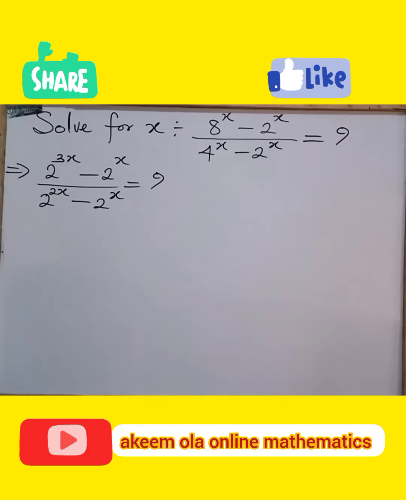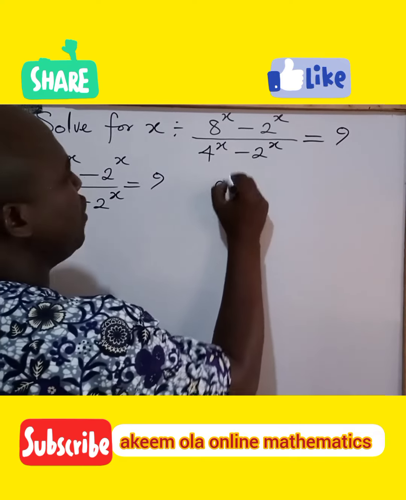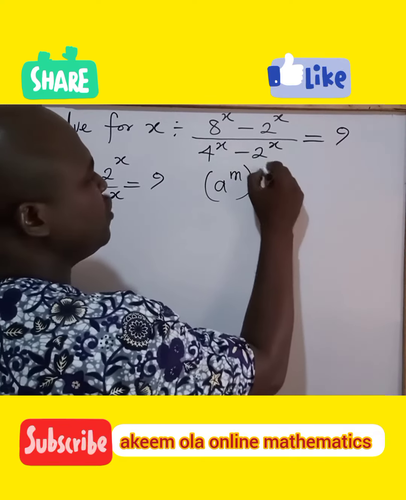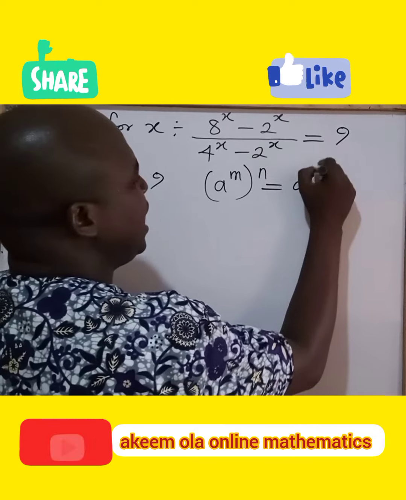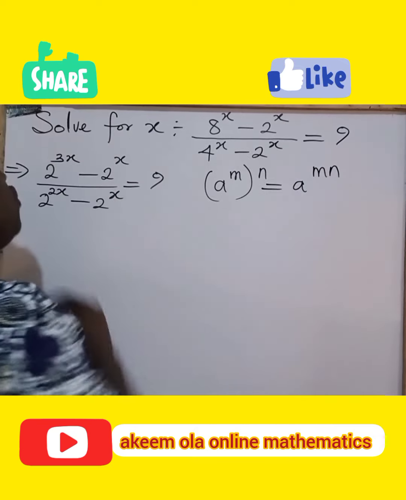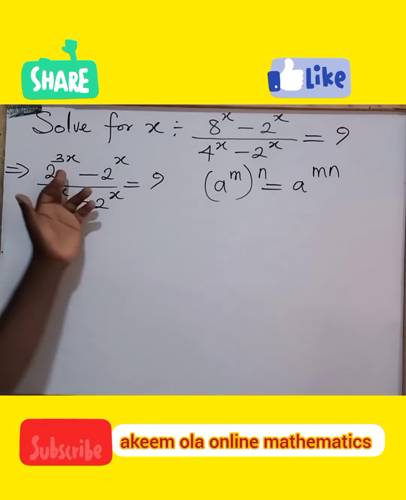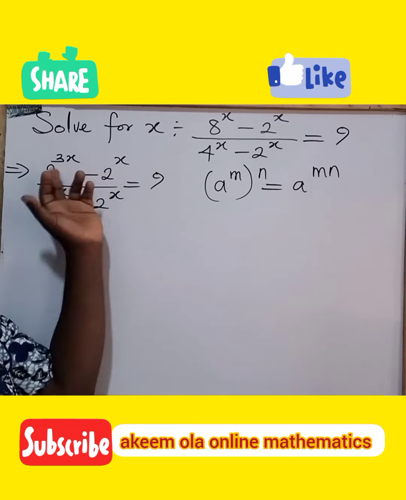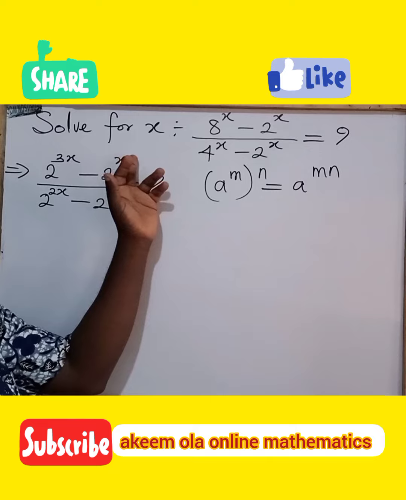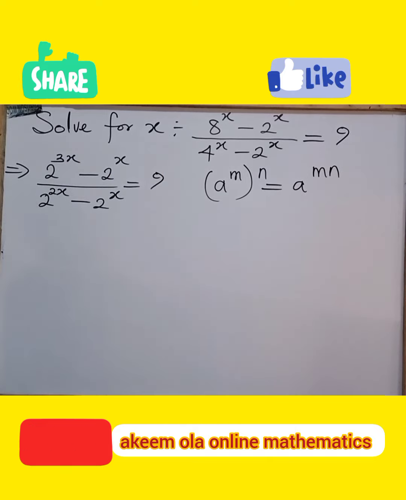According to the law of indices, when you have a number a raised to power m and everything is raised to power n, everything will now be a to the power mn. That is what we apply there. So we can still simplify this one further. As you can see, 2 raised to the power of x is here, and 2 raised to the power of x is here. That means 2 raised to the power of x is common.